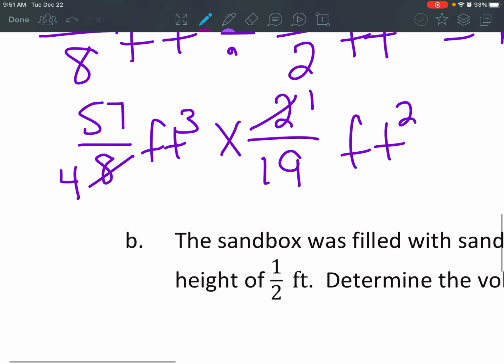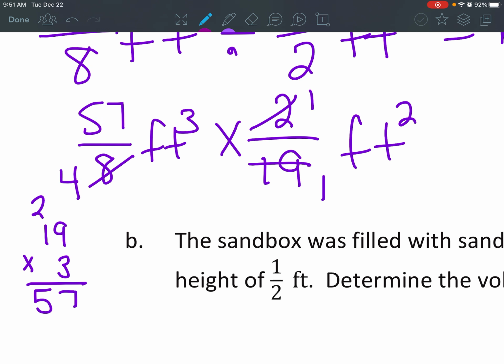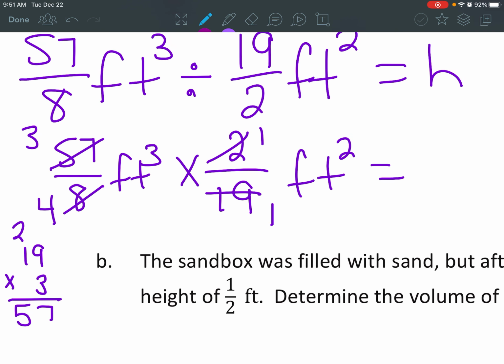19 and 57. So let's try 19 times what number would give us a 7 in our ones spot? 3. So that'd be 57. So 19 would become 1 and 57 would become 3. So I multiply 3 times 1.